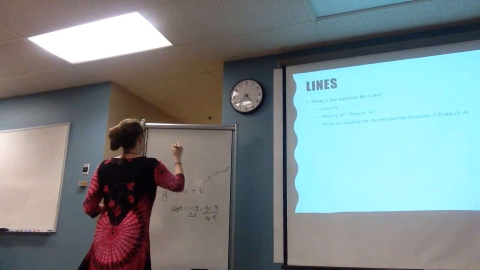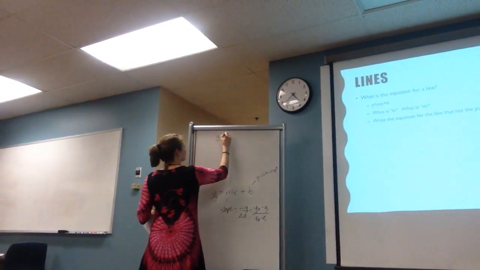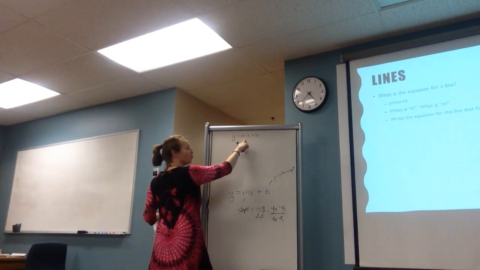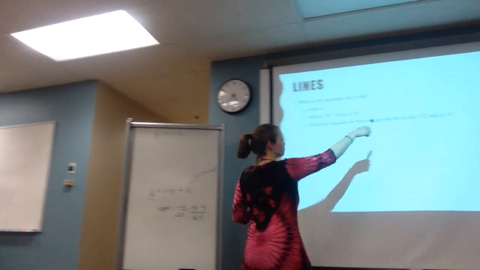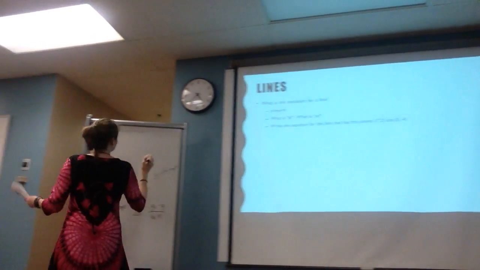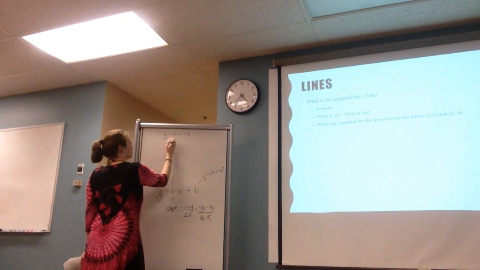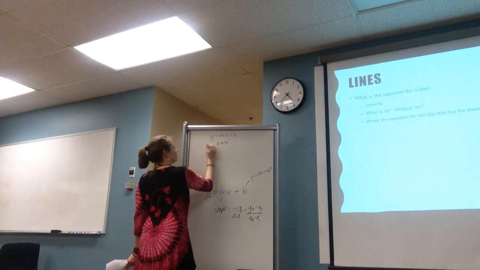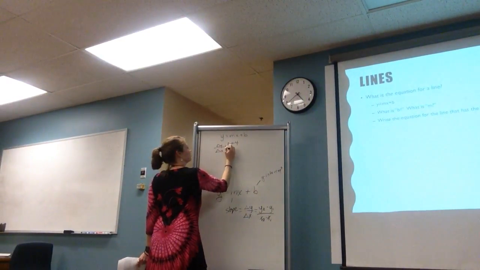All right, so let's look at this. y equals mx plus b. m we said is our slope. It doesn't matter which of these we use first as long as we stay consistent. So the change in y, I can say 2 minus a negative 4 over the change in x.